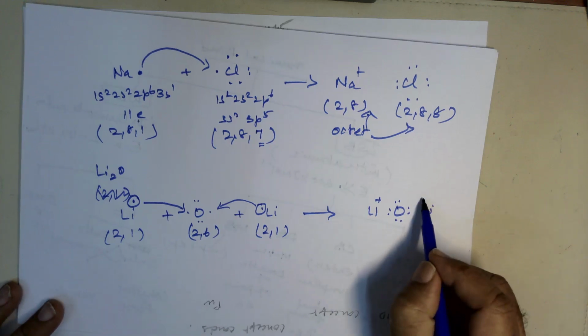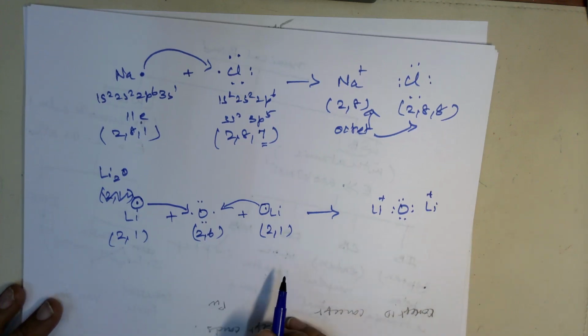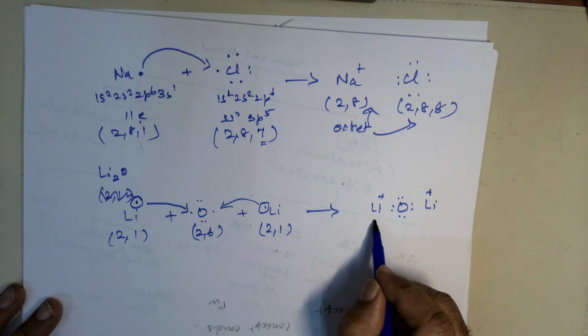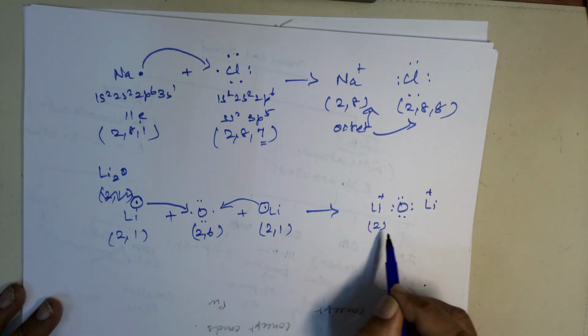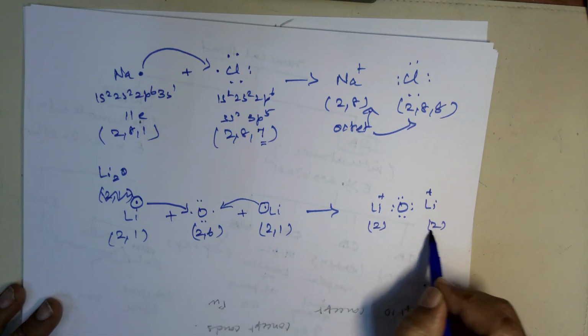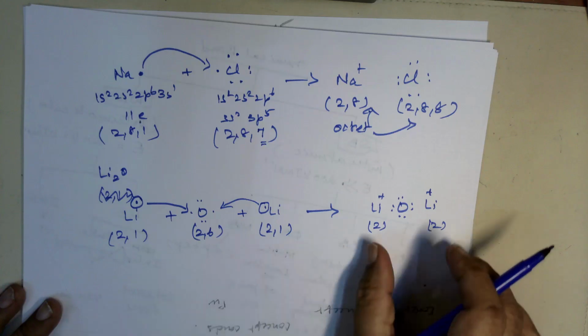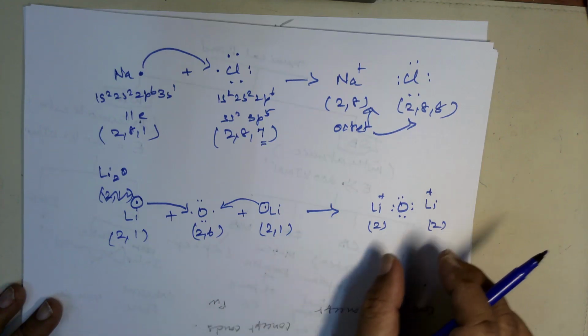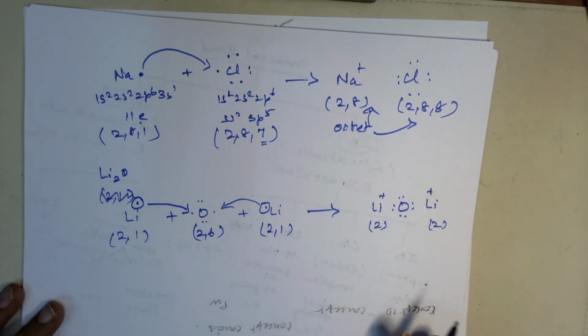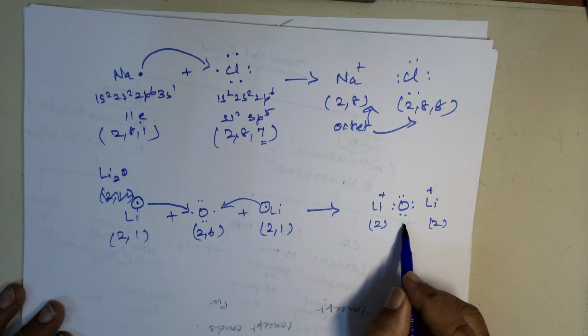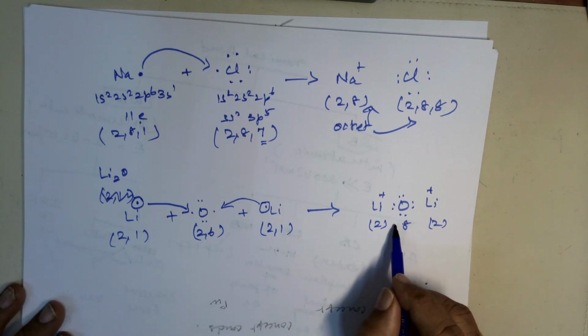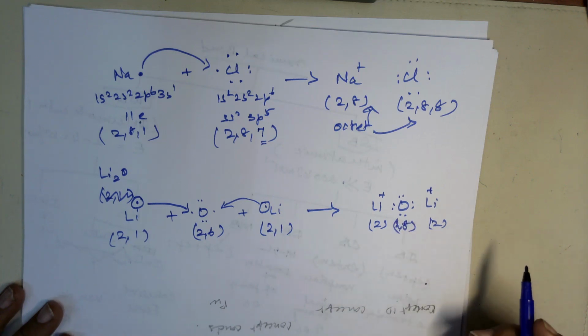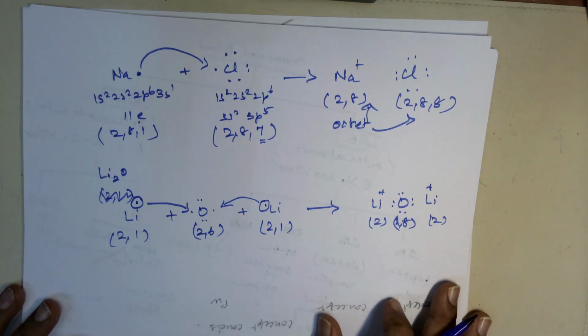It also has a plus charge. So it has lost 1 electron and attains the 2 electron system. The 2 and 8 electron systems are stable. And this oxygen also attained 8 electrons, that is 2, comma 8. So in that case, all are stable.